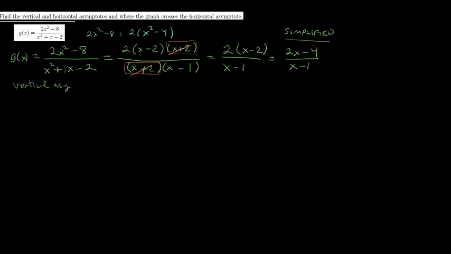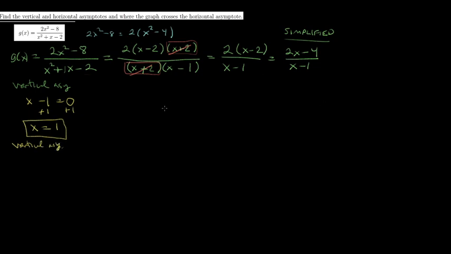Now we set the denominator equal to 0. So take the x minus 1, set it equal to 0. You can solve that in your sleep. Just add 1 to both sides, you get x equals positive 1. And guess what? We're done. This is our vertical asymptote.